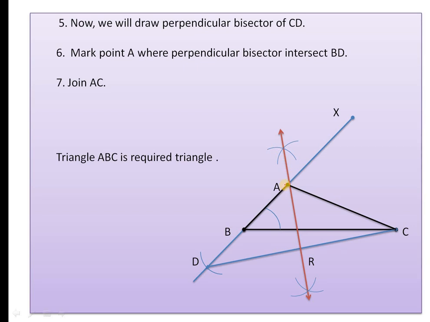Mark point A where the perpendicular bisector intersects BX. Join AC and ABC is the required triangle.